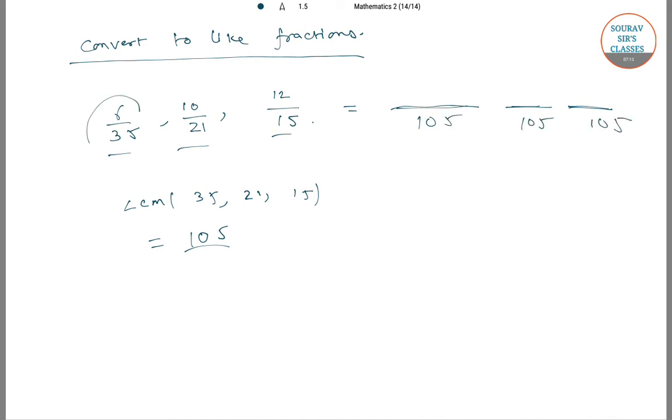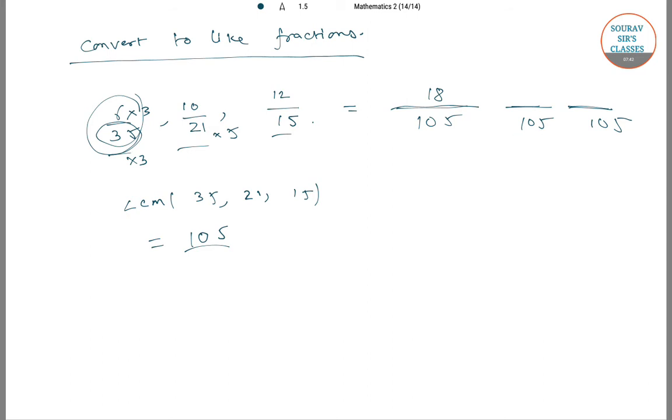Now for the first fraction, 35 has to be multiplied with 3 to get 105. So we will also multiply our numerator with 3. So we will get 18 by 105. Similarly, 21 has to be multiplied with 5 to get our LCM, that is 105.